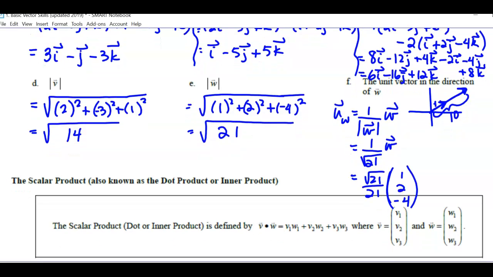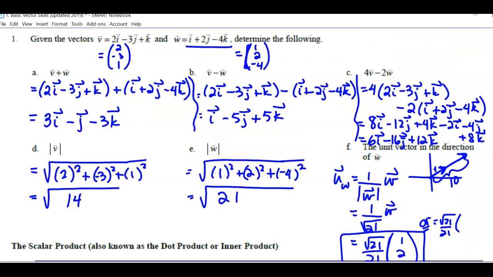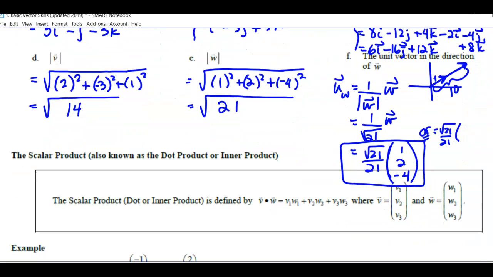Oftentimes we leave that out unless it does simplify. Okay, so that's the unit vector for W. Or you could leave it with the standard basis vectors. So it equals root 21 over 21 times i plus 2j minus 4k. Okay.